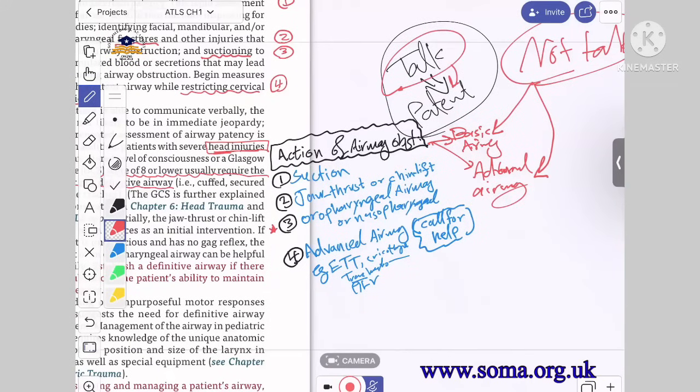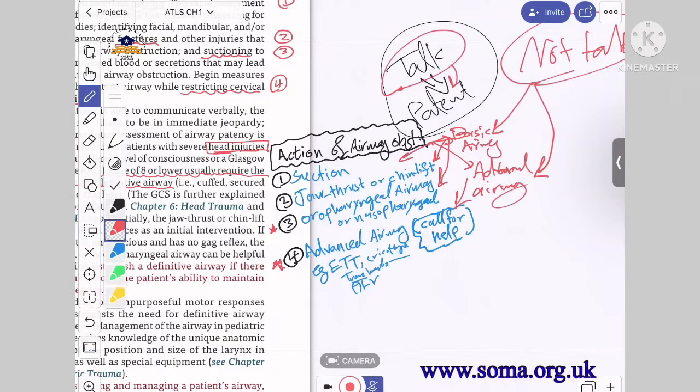If the airway is still not secured, you can call for help to do advanced airway. So all these are basic, while this is for advanced.